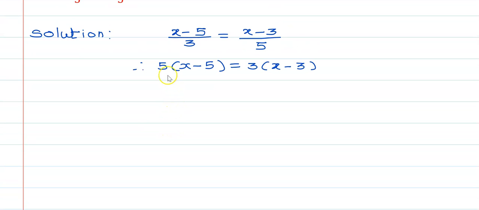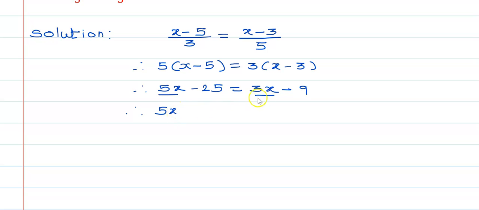Now normal simplification. 5 into x, therefore here you will get 5x. 5 into minus 5, that is minus 25. 3 into x, you will get 3x. 3 into minus 3, you will get minus 9. Now transpose the variable to the left hand side and the numbers to the right hand side. Now these are the variables.